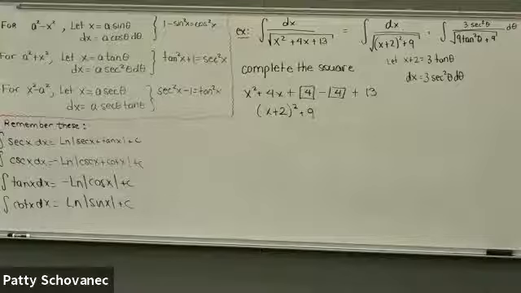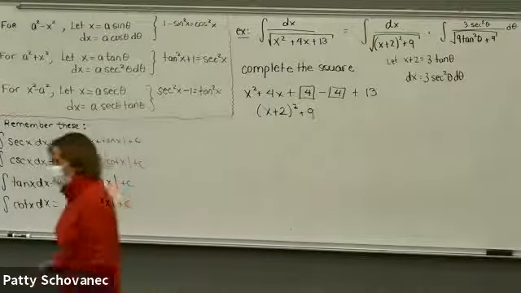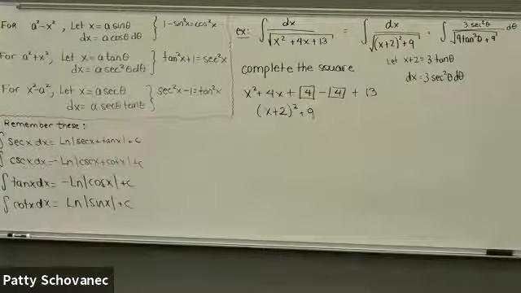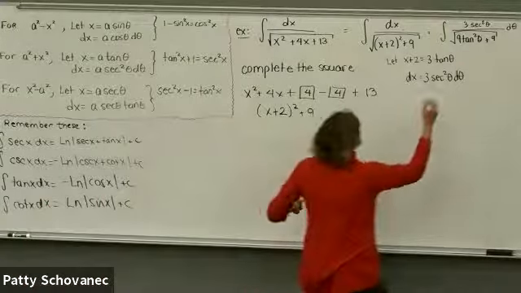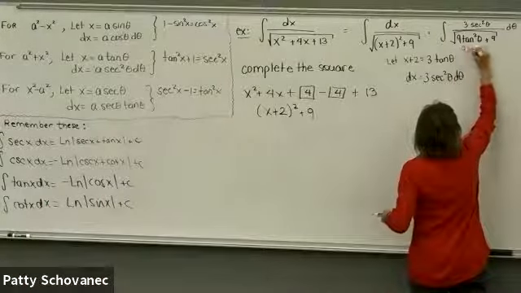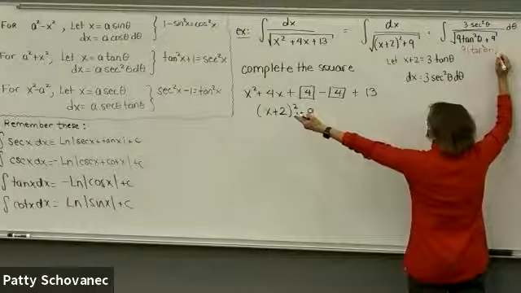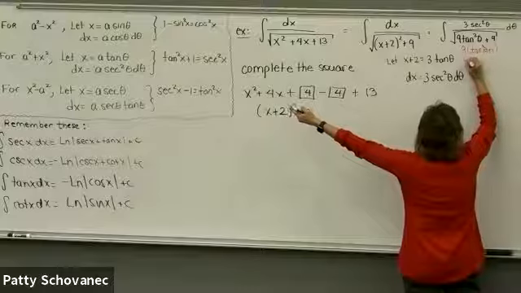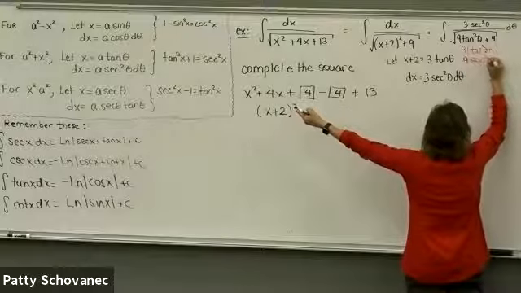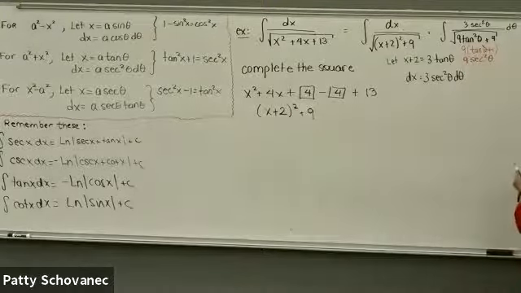What's going to happen to the 9 tan squared theta plus 9? I'm going to get a 9 times secant squared because I factor out the 9. And there's my Pythagorean identity: tan squared theta plus 1 is secant squared. So that's what's under the square root sign.